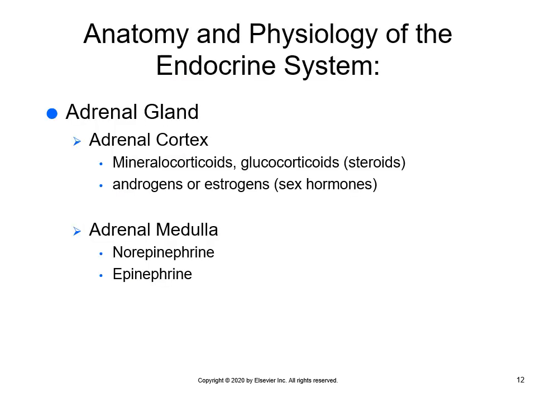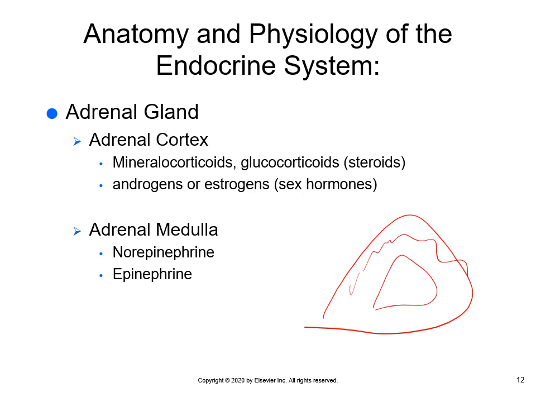All right, again, just a review. Your adrenal gland, there's a cortex and medulla, right? The outside part is the cortex, and the inside part is the medulla. In the cortex, there's your mineralocorticoids and glucocorticoids, which you did talk about, your cortisol, and then you have the androgens, or the sex hormones, in there.